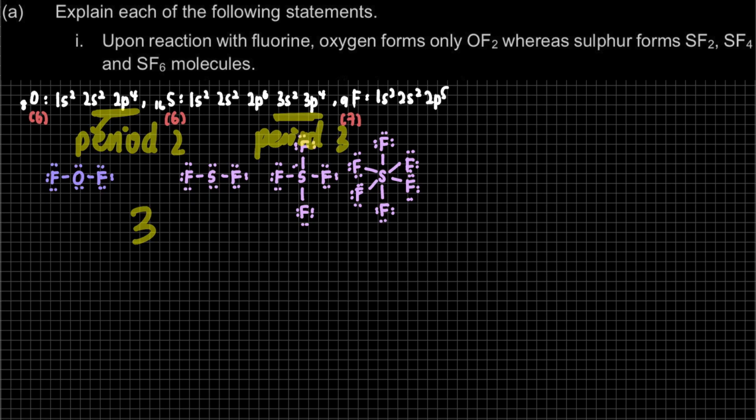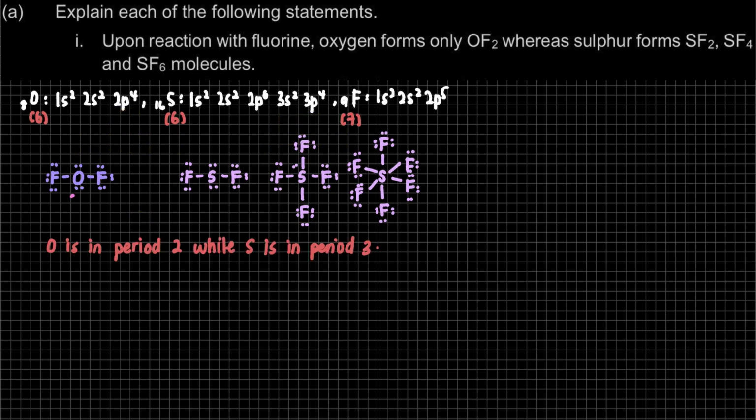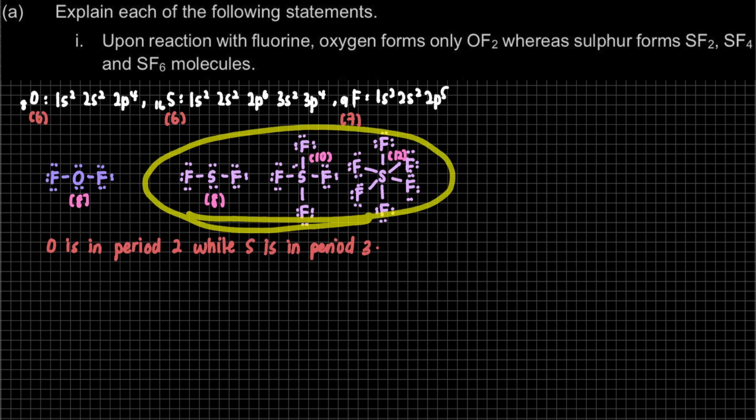So that is my first point. Then remember, oxygen here holds 8 electrons, sulfur here 10, and sulfur here 12. So sulfur has more than 8 electrons, which is considered as our expanded octet.